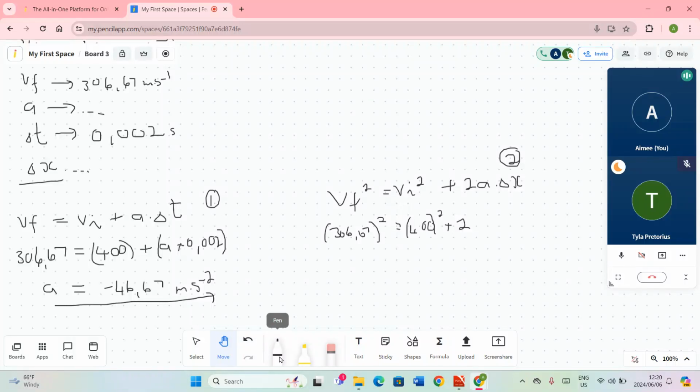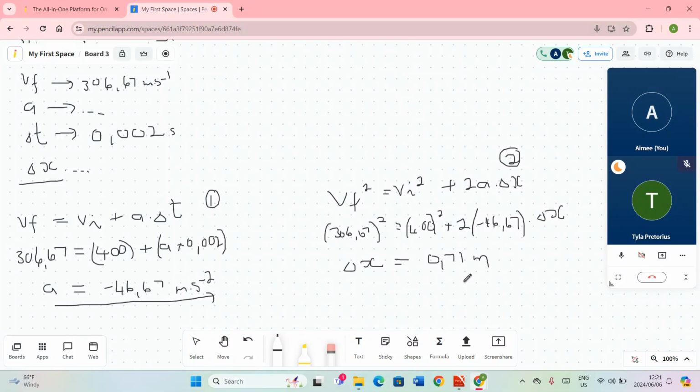So you need to substitute it in as a negative. 2 times negative 46.67 multiplied by change in x, and that stays change in x because that's what we're trying to calculate. So you substitute all of this out, you plug it into your calculator, and you get a value for change in x of 0.71 meters.